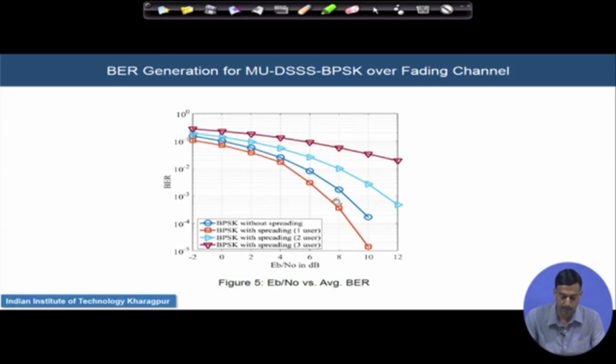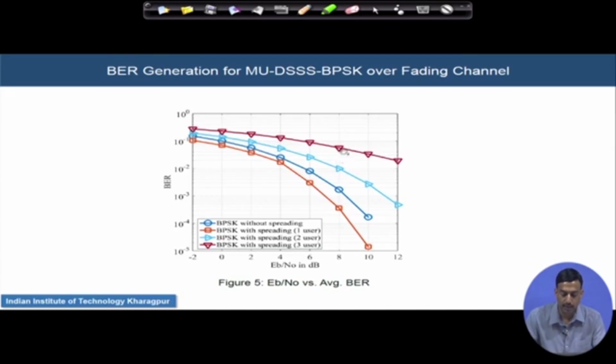So the comparison was already discussed in the last tutorial, but now our interest is to see what happens in the multi-user scenario. And as we see, there is a performance degradation when the number of users increases. The BER performance degrades and is poor when we have BPSK with a spreading code with 3 users.